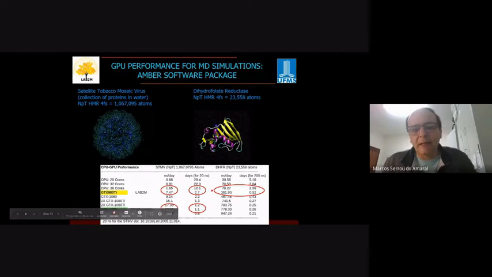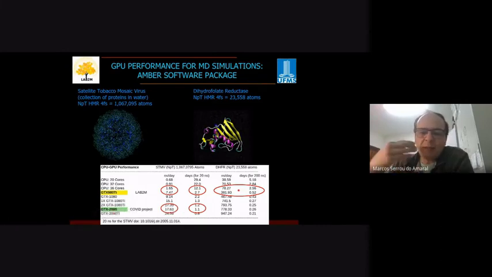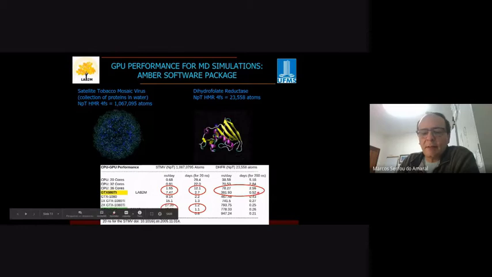You can see that the performance is much better. And also for this protein, of course, you can get more nanoseconds per day: almost 8 nanoseconds per day in CPUs, and almost 400 nanoseconds per day in your yellow GPU. Suppose that you need to run 200 nanoseconds.